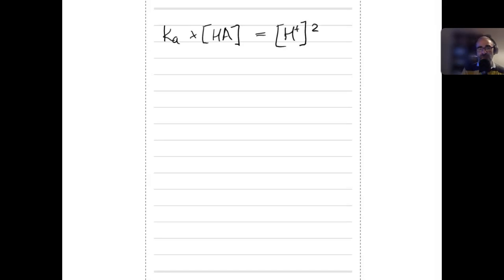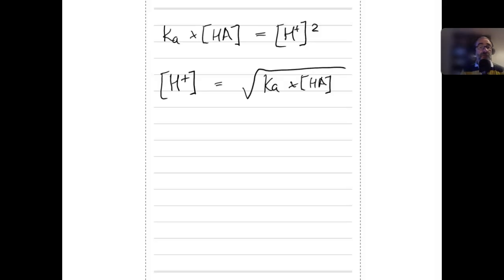So if we multiply both sides by the acid concentration HA, we have Ka times HA, the acid concentration, equals H+ concentration squared. And simply square rooting both sides means that our H+ concentration, our proton concentration, is equal to the square root of Ka times the HA concentration.